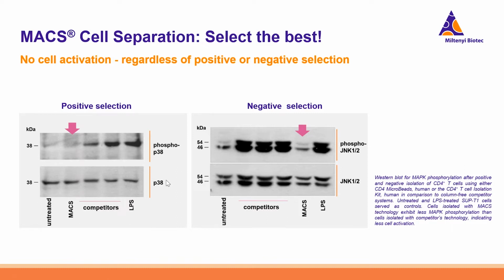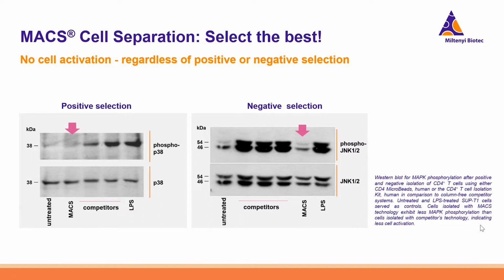On the right side, you see a Western blot for JNK1 and 2 phosphorylation after negative isolation of CD4 positive T cells using either the Miltenyi CD4 T Cell Isolation Kit, human, or three competitor column-free systems. Also here, untreated and LPS-treated SUP-T1 cells served as negative and positive control respectively.